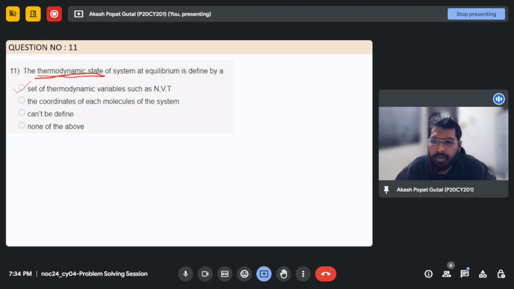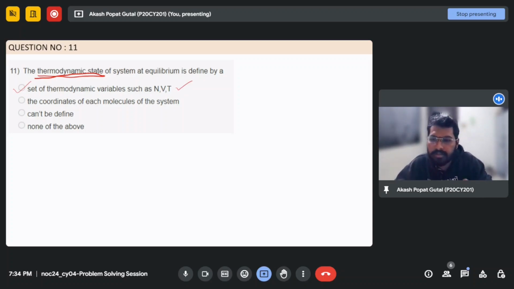We generally don't use microscopic properties. So the coordinates of each molecule would be a microscopic description of the system. We are dealing with only macroscopic variables. Hence, option A is right.